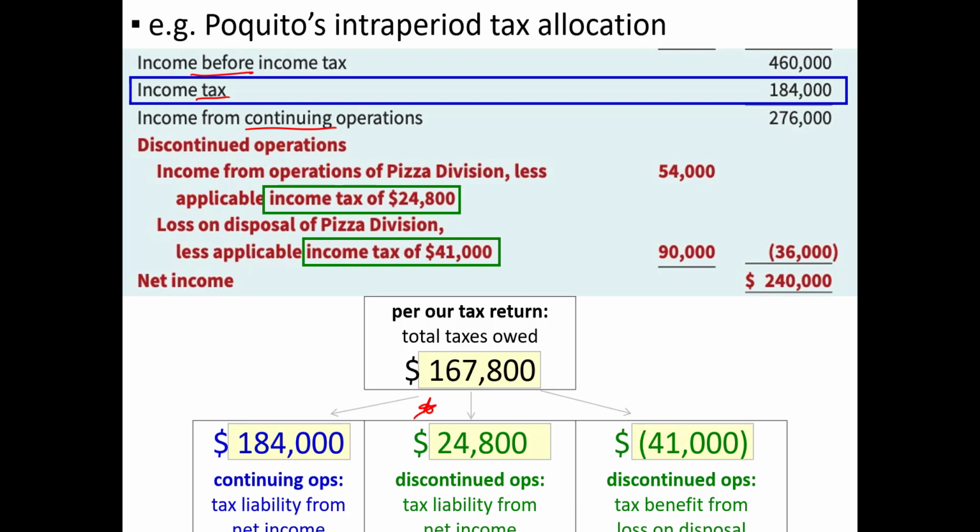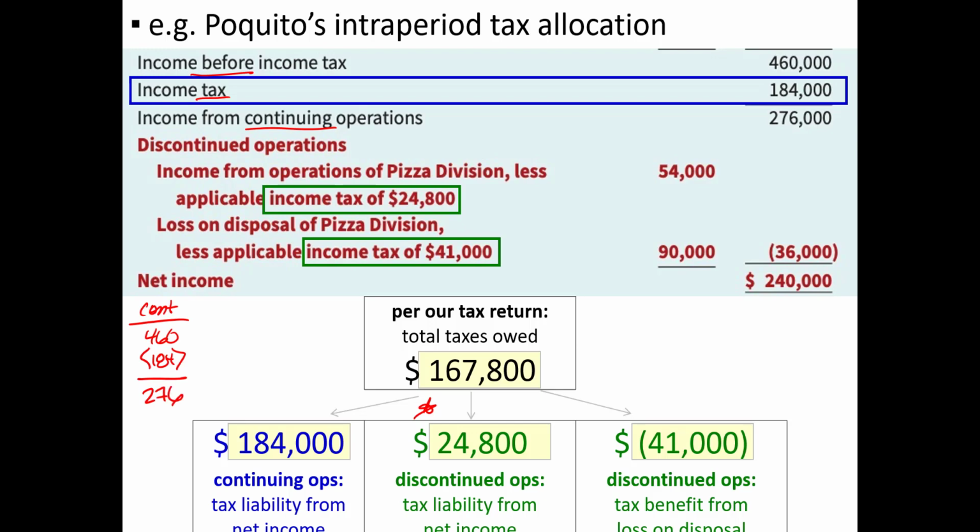So when you look at this, I'm just going to summarize it over here. Continuing operations, you see they have pre-tax net income of 460. They have to pay tax 184, and what's left over from continuing operations is 276.